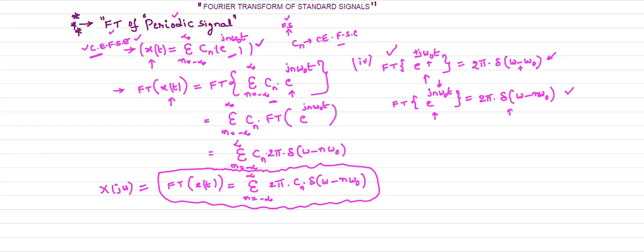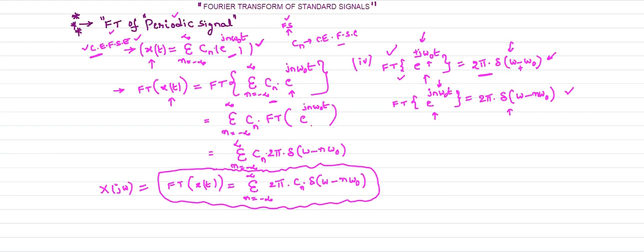To derive it, we just use this signal and find out its inverse Fourier transform, and from that we find the Fourier transform, because your signal e power j omega naught t is not an absolutely integrable signal. That's why we find the Fourier transform using the indirect method. Using that method, we find the Fourier transform of the complex exponential signal as 2 pi times delta of omega minus omega naught. Here plus is there, therefore in the result we get the minus sign.